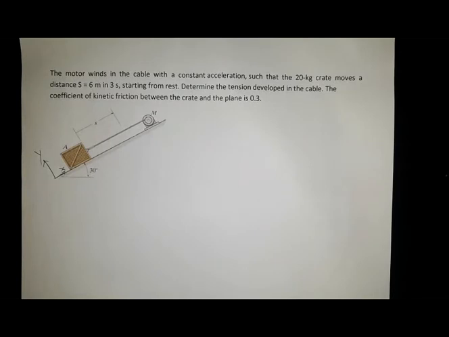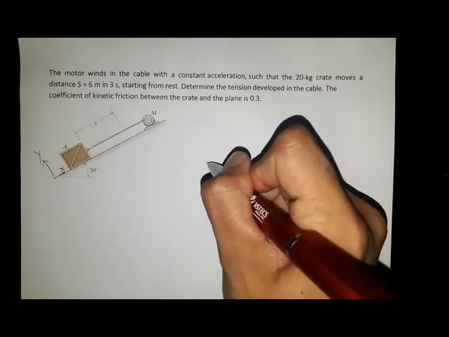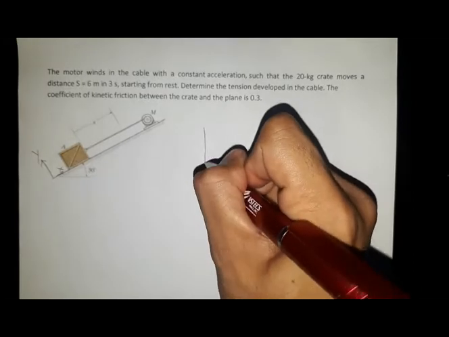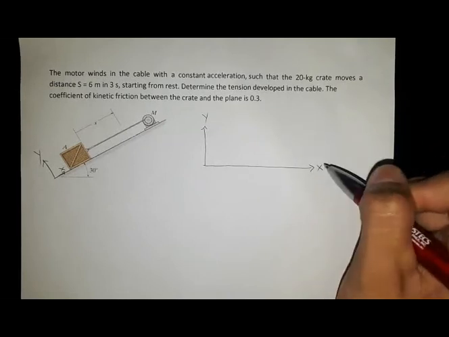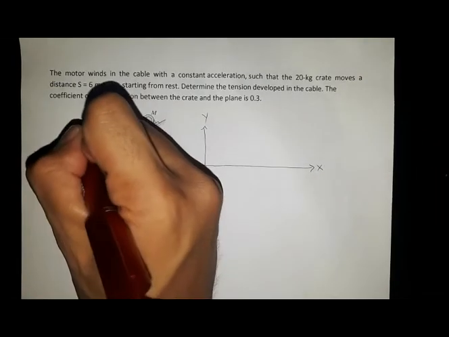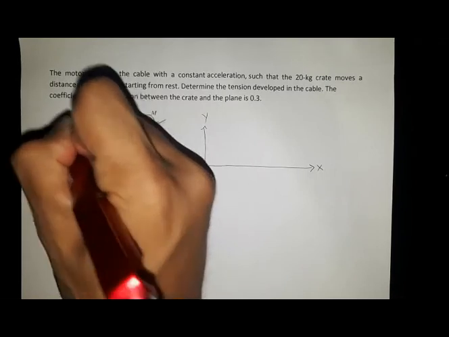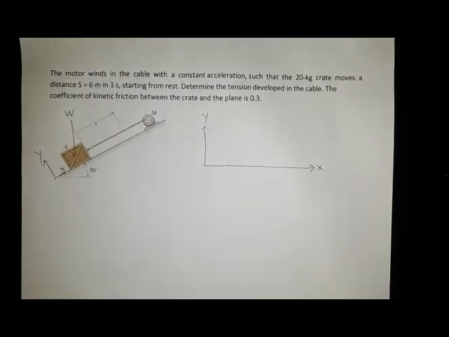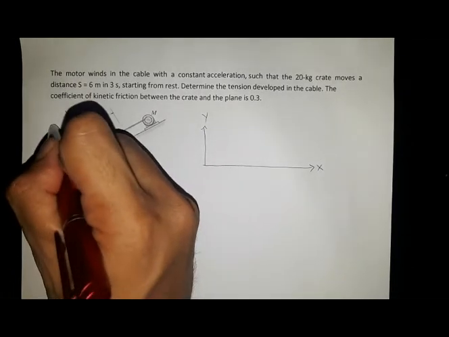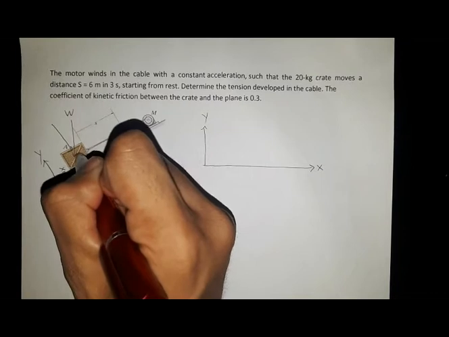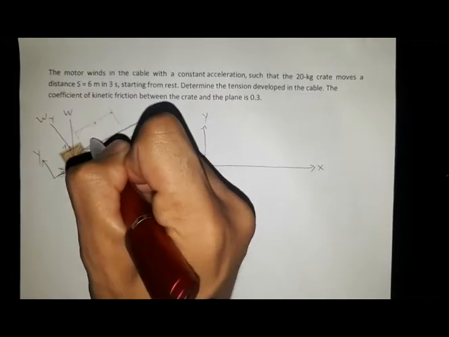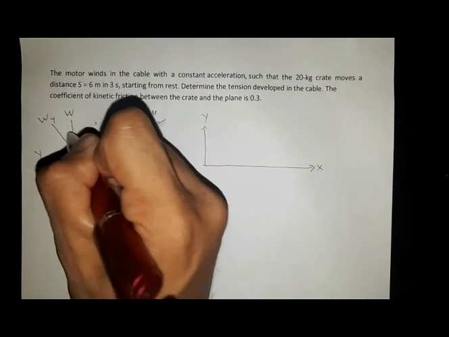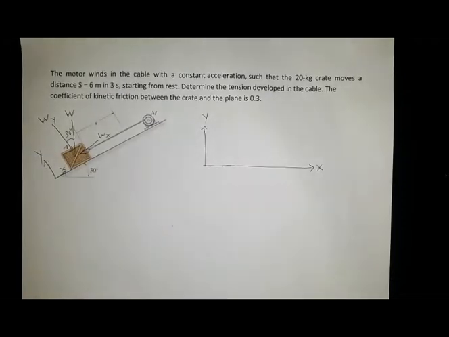Now, let's create the free body diagram. So, let's redraw. This is your y-axis, this is your x-axis. The weight acts here. Your weight has a y component and an x component. You have your Wy and Wx, and here's the angle of inclination theta.